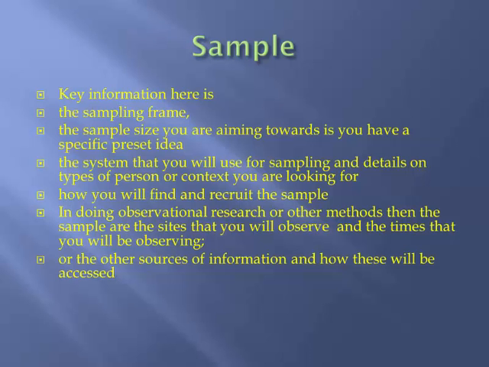Then the system that you'll use for sampling. Systematic sampling, random sampling, convenience sampling, purposive sampling, all of these are options for CBPR. Often, in most informal settlements, dwellings are numbered from 1 to however many there are.